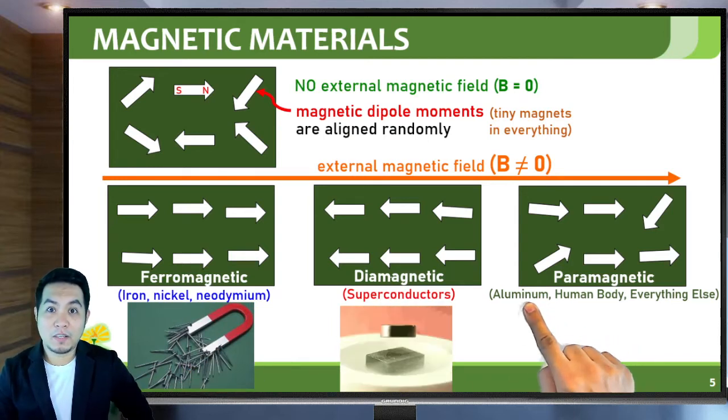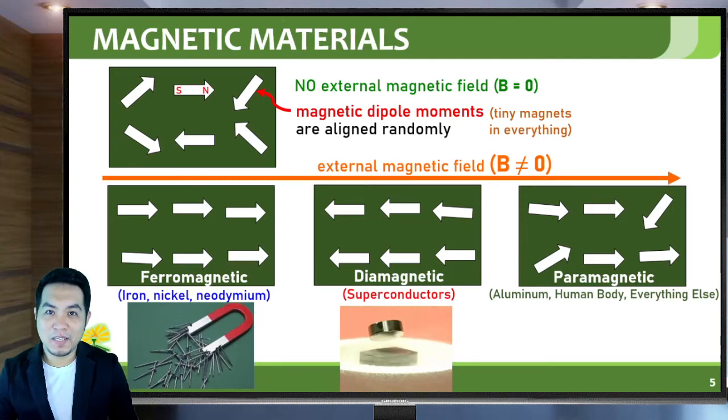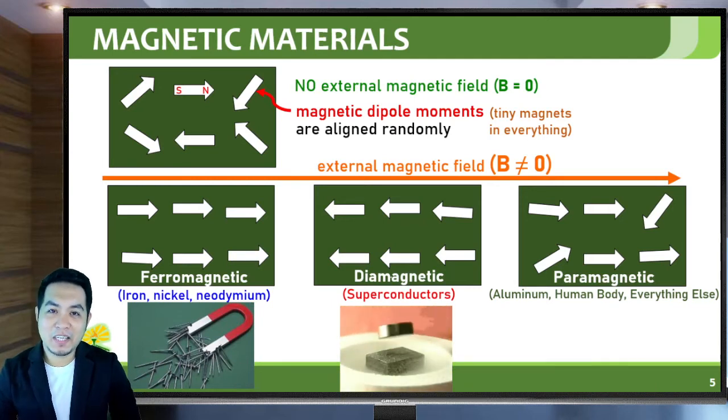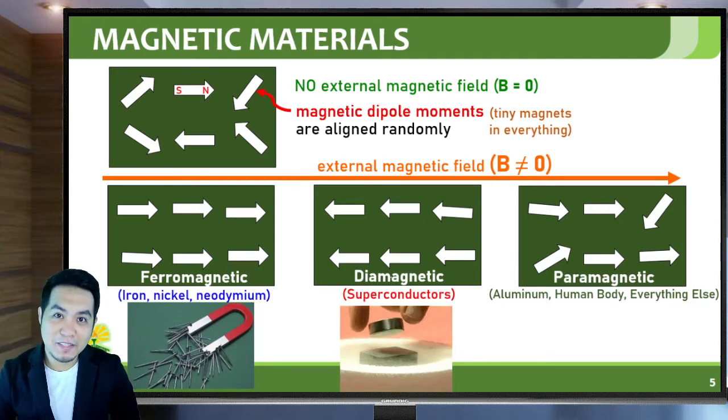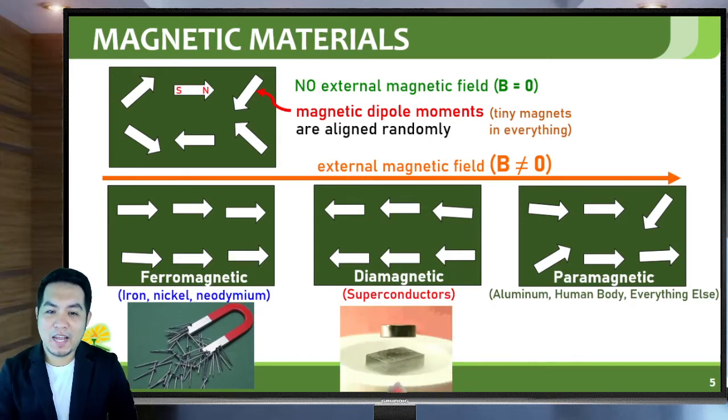Aluminum, which is another metal, is paramagnetic. It has very weak magnetism. Our human body is a paramagnetic material, and basically everything else are paramagnetic materials. So every material in the world can be categorized into these three: ferromagnetic, diamagnetic, paramagnetic.